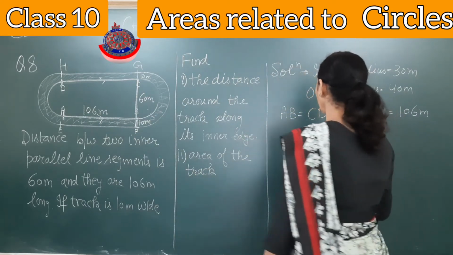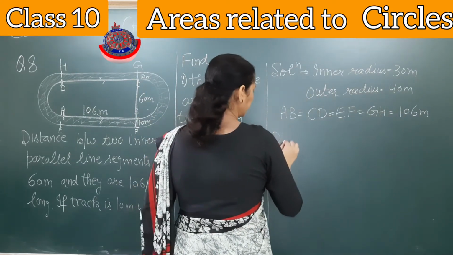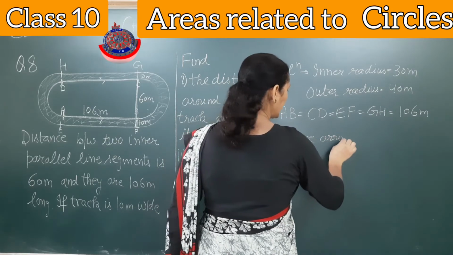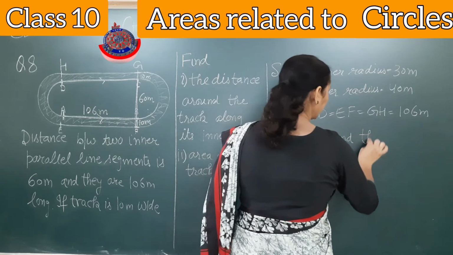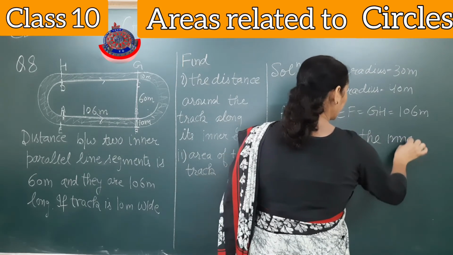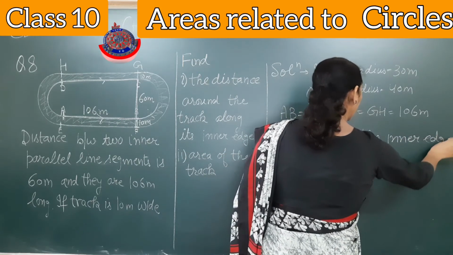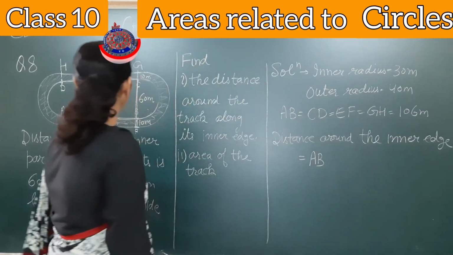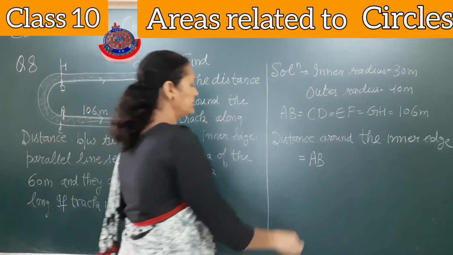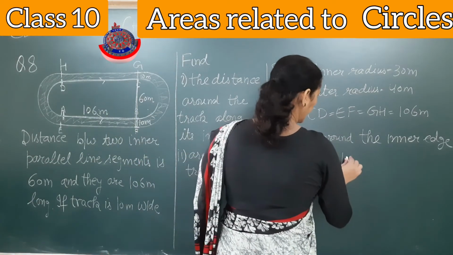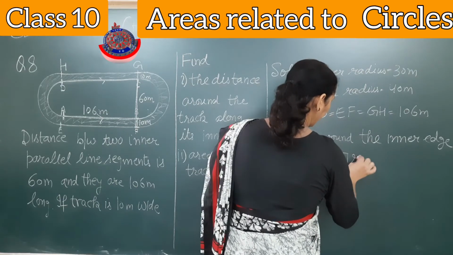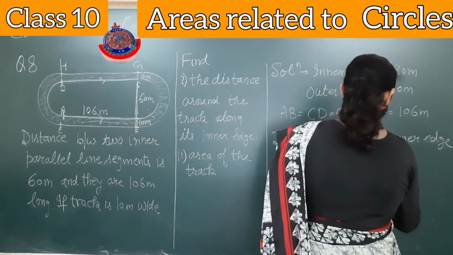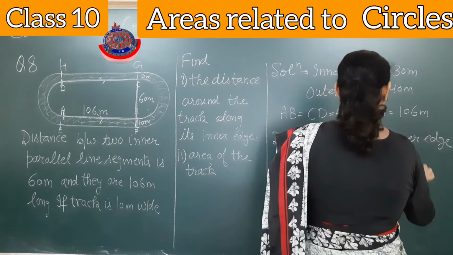So distance around the inner edge will be AB, then pi r, then CD, and again pi r.